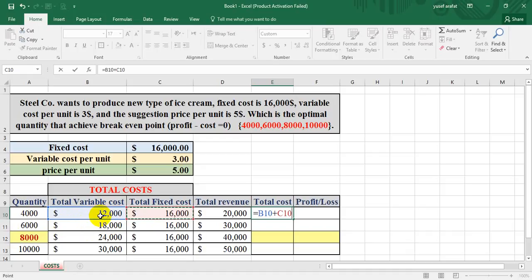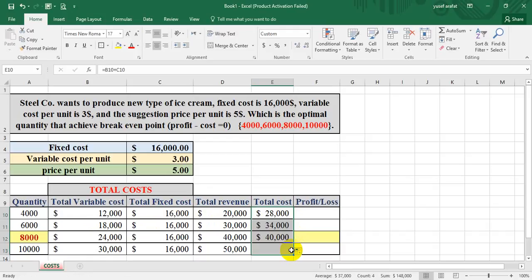So the total variable cost for the quantity 4,000 units plus the total fixed costs, that is $16,000, equals $28,000, the total cost, and pull down.